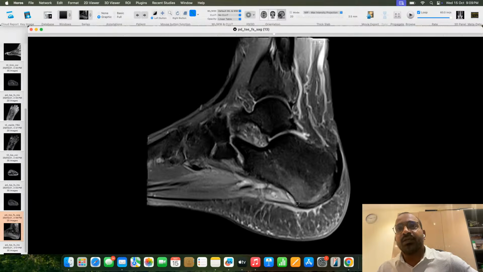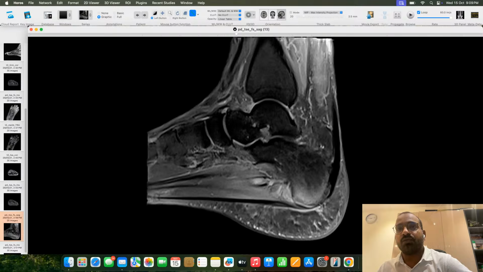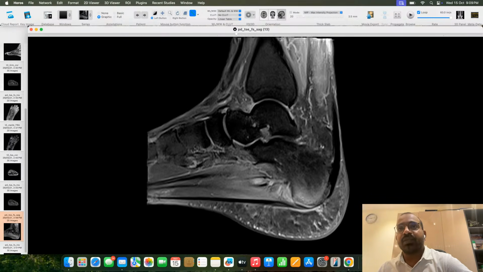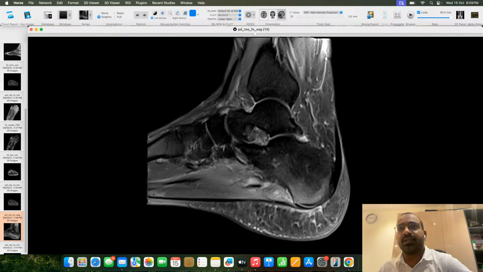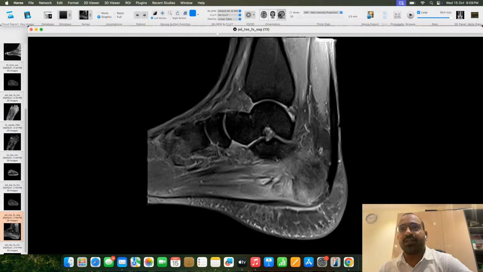If you see the immediate subcutaneous plane above this plantar fascia, there is fluid signal, and also the underlying muscles are showing edema, and also the calcaneal attachment, the calcaneum is showing hyperintense signal on PDFS images. So these are all changes we can expect in acute plantar fasciitis.